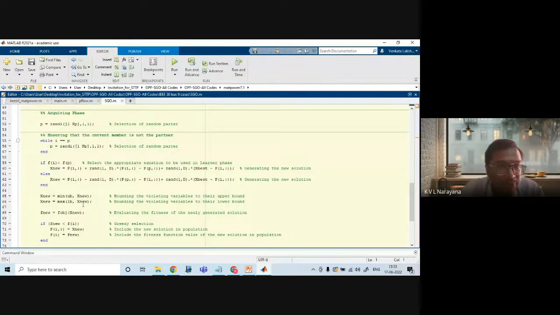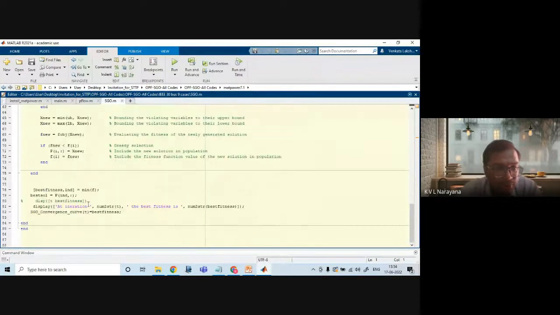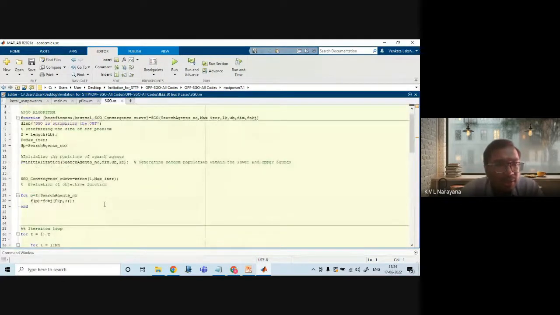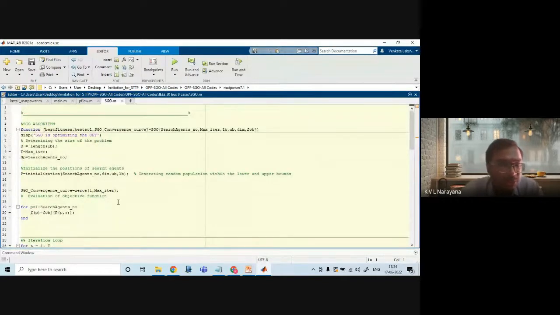In this way, the population is updated using this code. SGO execution is terminated once the number of iterations specified is completed.